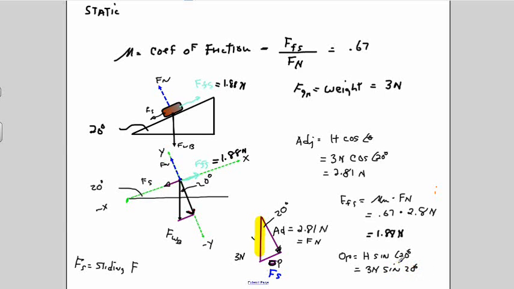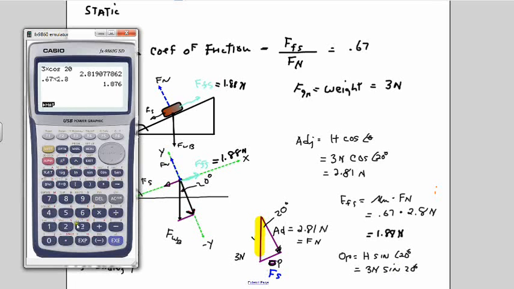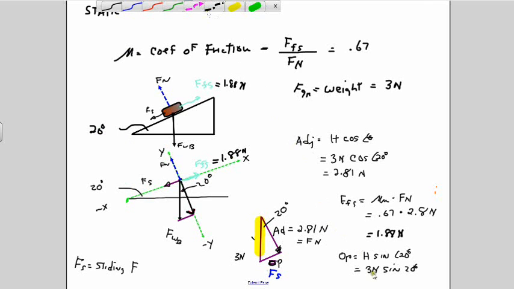Let's get the calculator back up. 3 newtons times the sine of 20, I get an answer of 1.03. So for sliding, it's going to be 1.03 newtons.